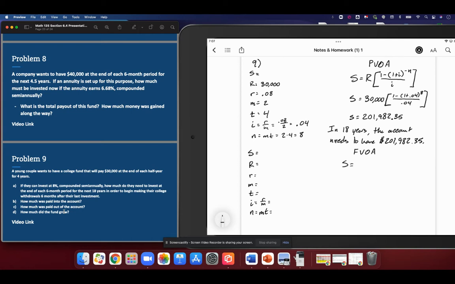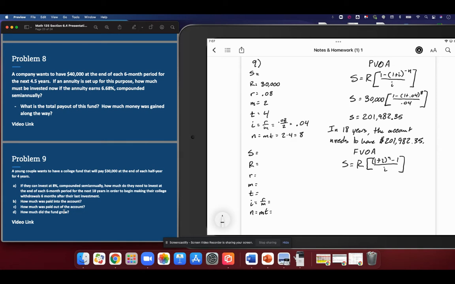And that looks like S equals R times 1 plus I to the power of N minus 1 over I.